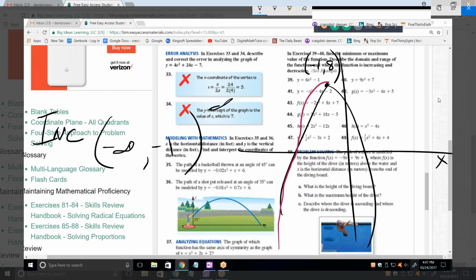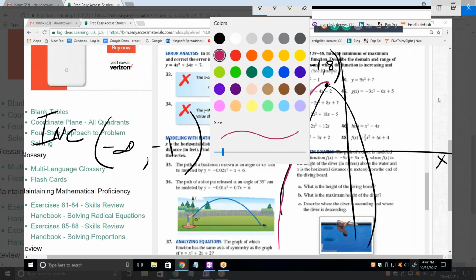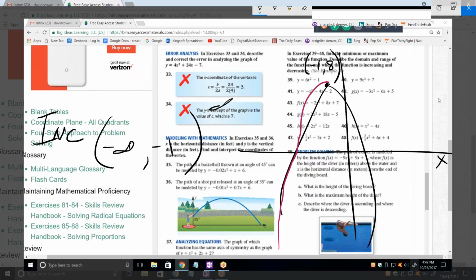So I use a parenthesis. Okay. Now decreasing. What is the interval that it is decreasing on? Use the x coordinates. So from -1 to infinity. You got it.